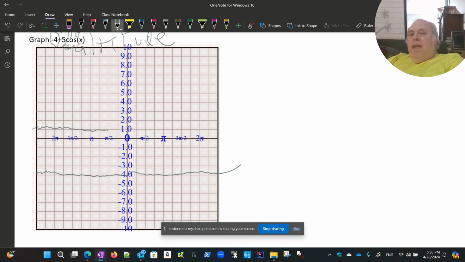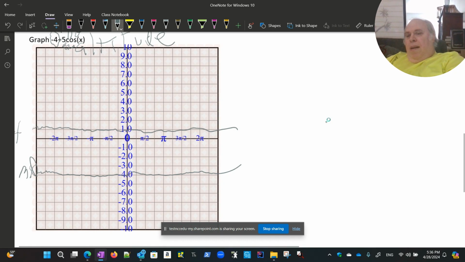This is going to be the top line. So this is the midline, and the top is at 1. And for the bottom line, I go down 5: -5, -6, -7, -8, -9.